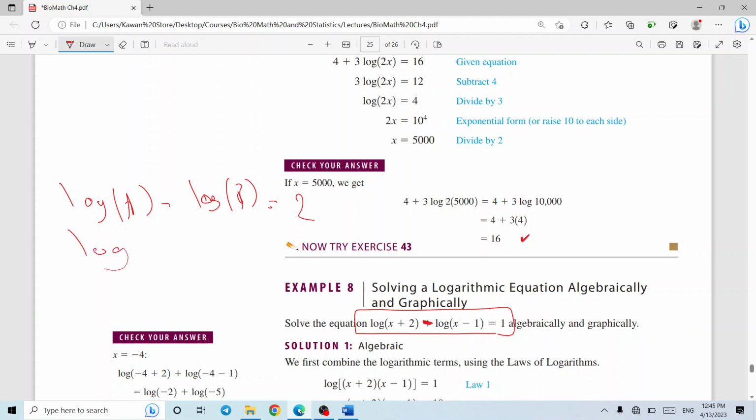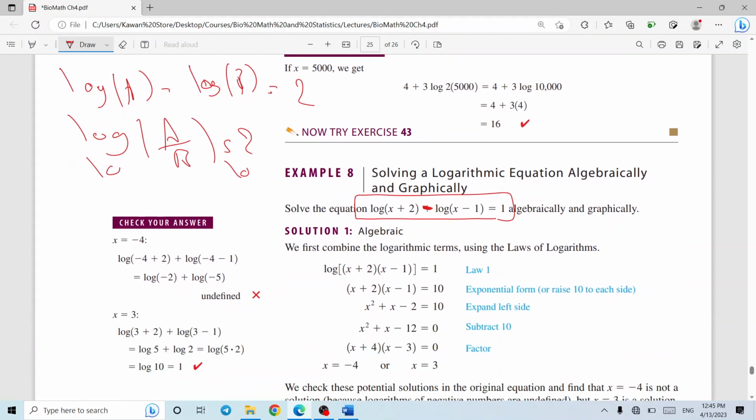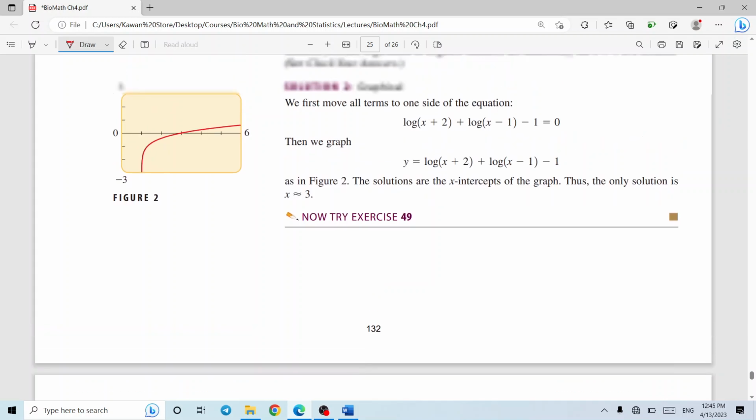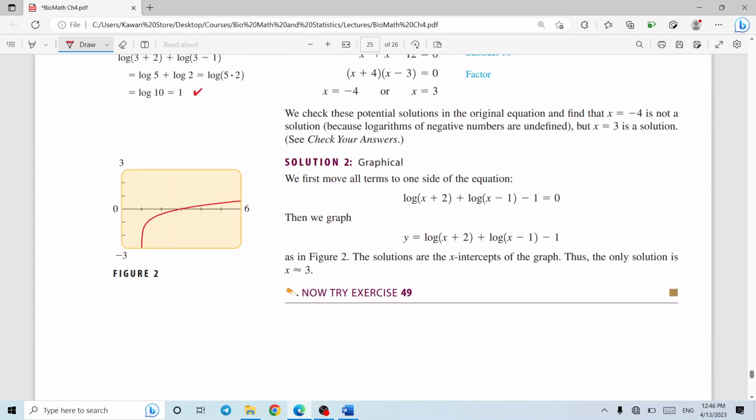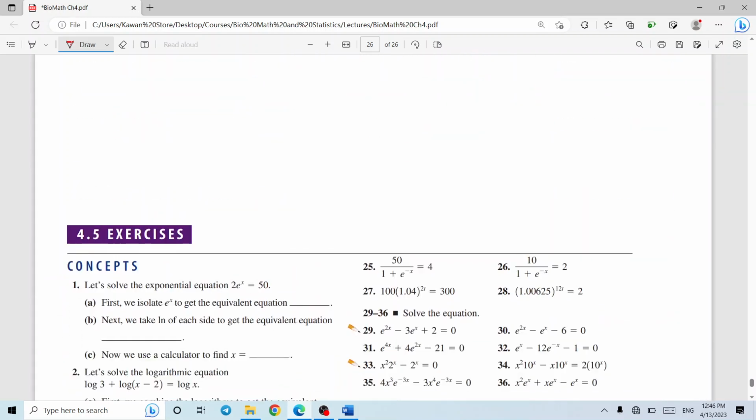I say log of a over b equal to 2. Then I am going to take a 10 to both sides. You got it, dear? That's very important, because actually I remember every year we have such an example like that, or like e to the power x. So careful. And solution number 2 is not included.